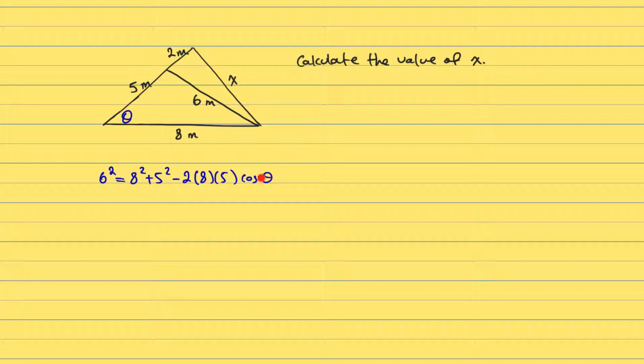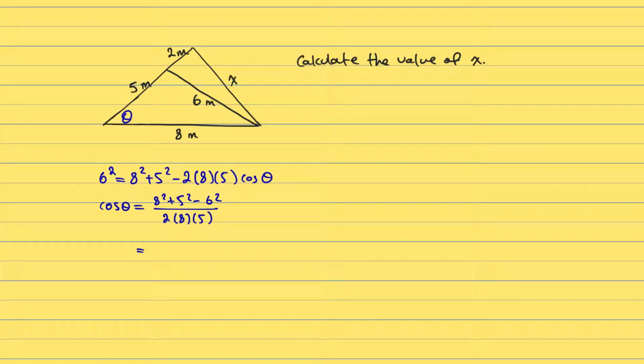So what goes in between is the 8 squared, the 5 squared, and minus 2 times the two lengths, multiplied by the cosine of the angle in between them. So now I'm just going to rearrange, and I get cosine of theta is equal to 8 squared plus 5 squared minus 6 squared divided by 2 times 8 times 5.